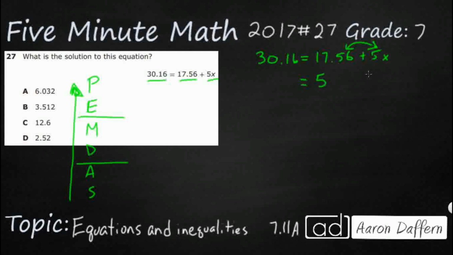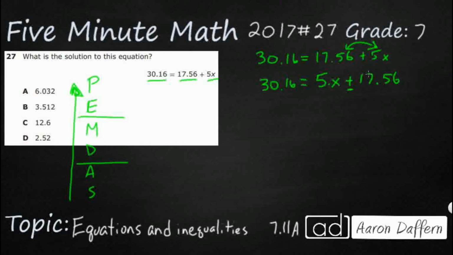I'm just going to put this 5x, they're both positive, plus 17.56. That makes it easier to see that we've got an addition. We also have a multiplication, multiplying 5 times x. Whenever you see a number next to a letter and there is no operation, it's always assumed to be multiplication.